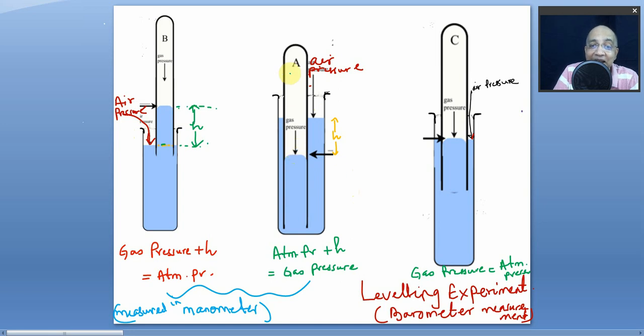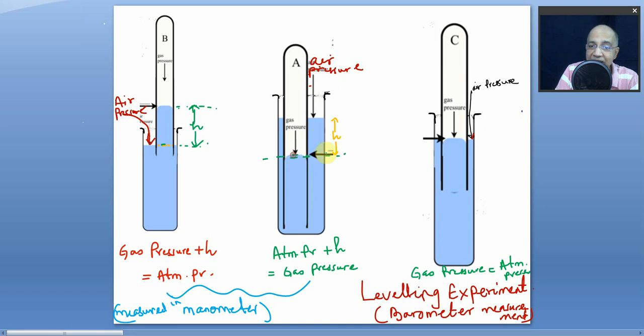So if the gas is compressing, therefore the pressure inside the tube, that is our gas, has a greater pressure than atmosphere. Therefore it is compressing, and this differential height is to be added with atmospheric pressure. Atmospheric pressure is working up to this level, and this differential liquid column is acting up to this level.